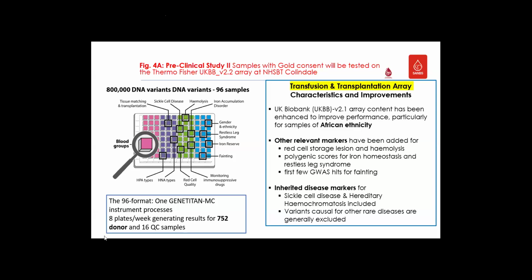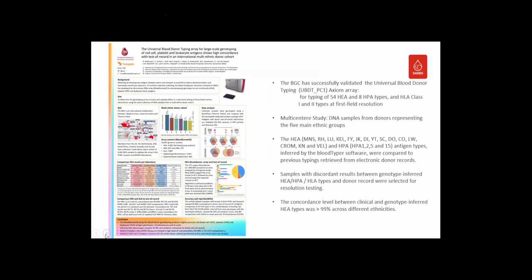Okay. You can't see the detail of this poster or presentation. This was presented at the ISBT conference, and these are the very high-level results of approximately 7,000 samples that were tested for the accreditation of this platform.